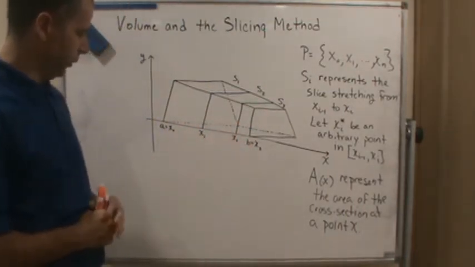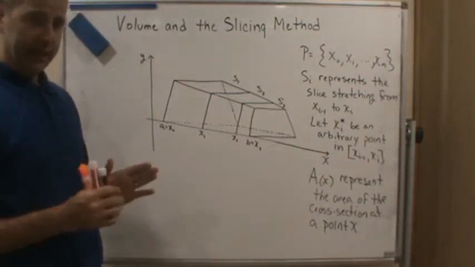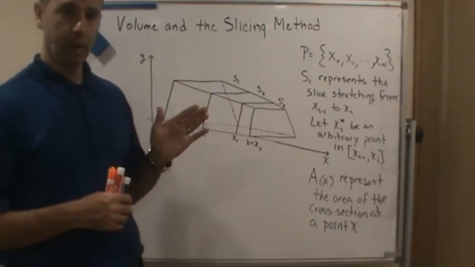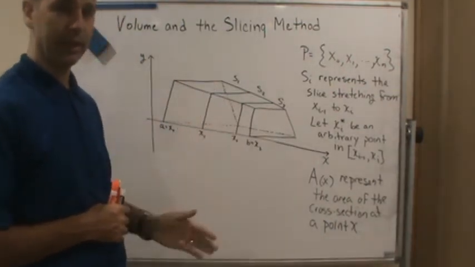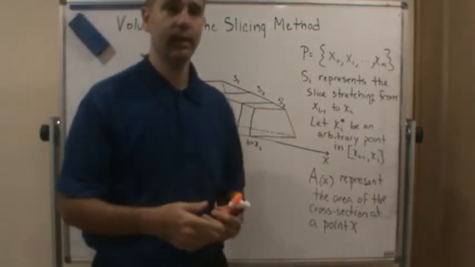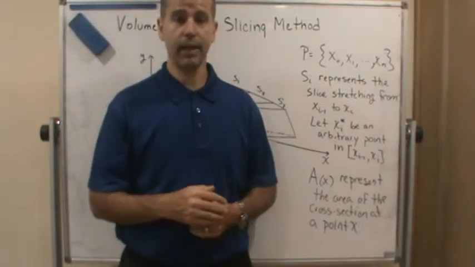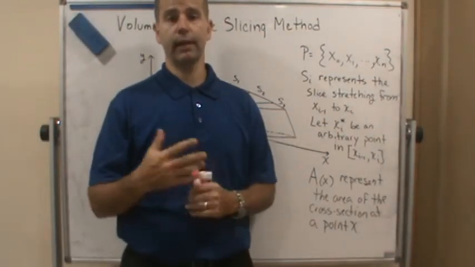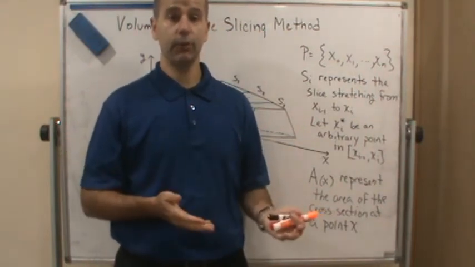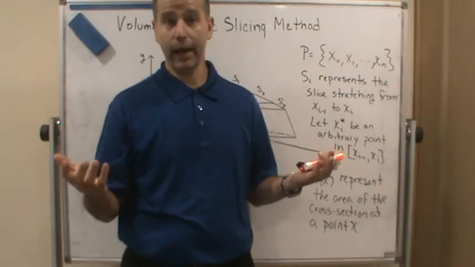What we want to do in this case is find a cross-section that is perpendicular to the x-axis. Now this may not always be the case. In some cases we may want to take a cross-section perpendicular to a different line, let's say the y-axis.